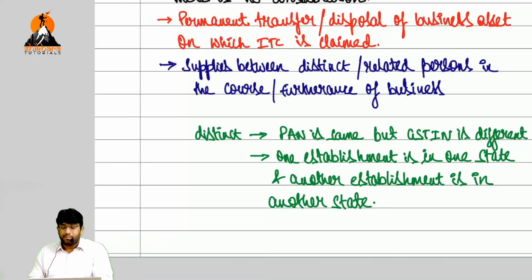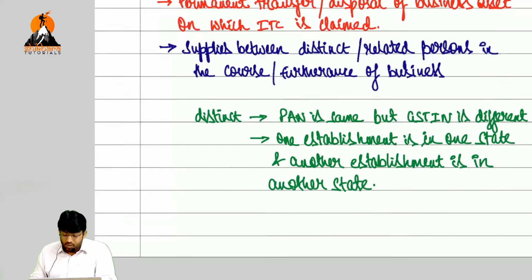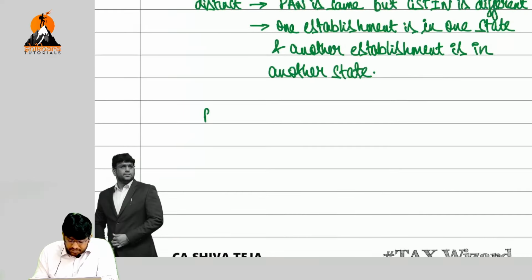Come on friends, PAN is same but GST number is different. One establishment is in one state and another establishment is in another state. Then also we call them distinct persons. Getting clarity? What's the other important word there?